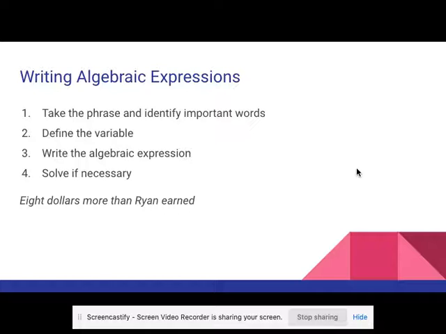So writing algebraic expressions, the first thing we're going to do is take the phrase and identify important words. So more than is the most important thing that I'm looking at. And that's going to obviously tell me that this is an addition problem. What are we talking about here? Okay, dollars. So we need to define a variable. Well, in this situation, I'm going to put D equals dollars. All right.